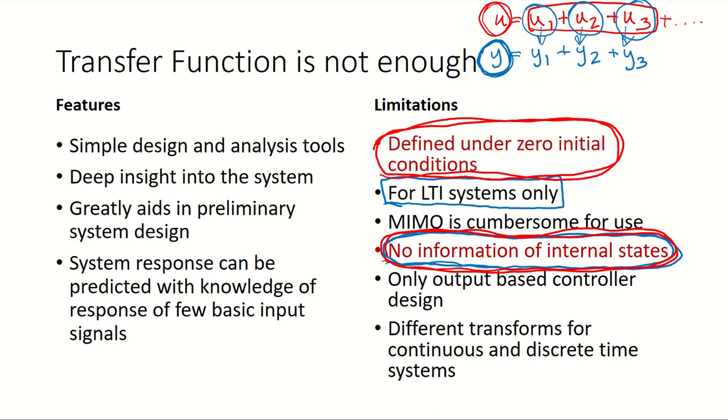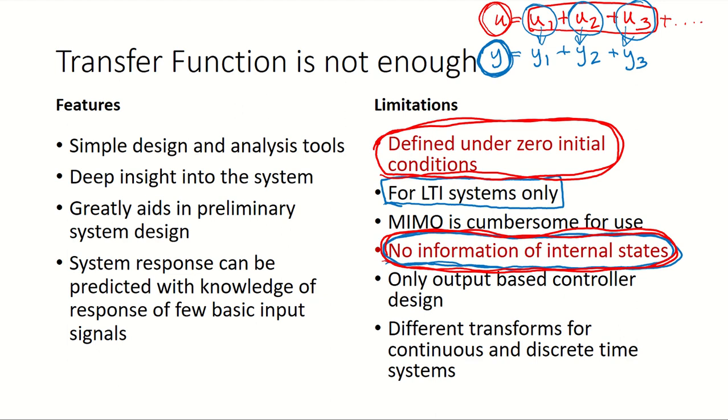Maybe you don't give an external input, you just want to observe what would happen to the system if it has some initial energy. This sort of analysis is not possible using the transfer function models, because the initial conditions have been considered as zero. So that is the limitation.